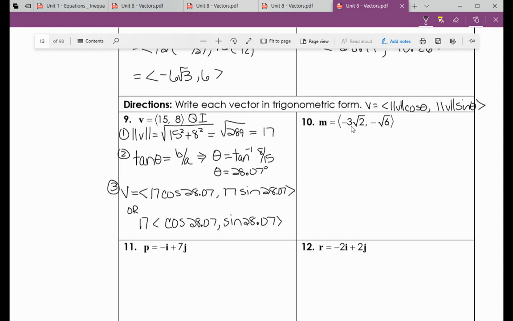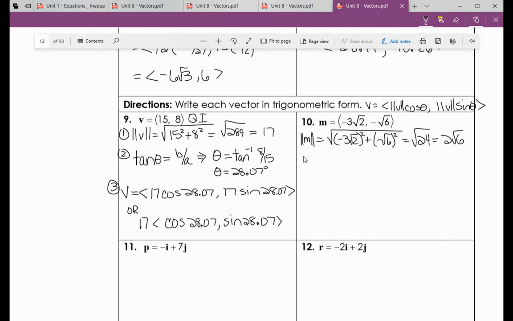And so here, I'm going to find the magnitude of m. So that is going to be the square root of negative 3 square roots of 2 squared plus negative square root of 6 squared. And when you do all of that math, you get the square root of 24. And that simplifies to 2 square roots of 6.